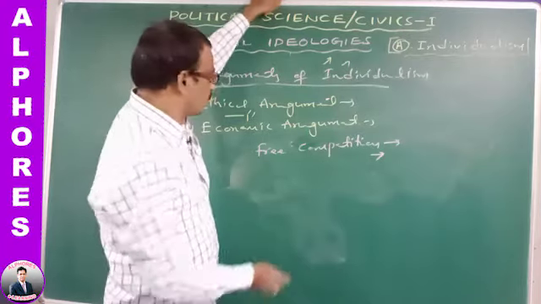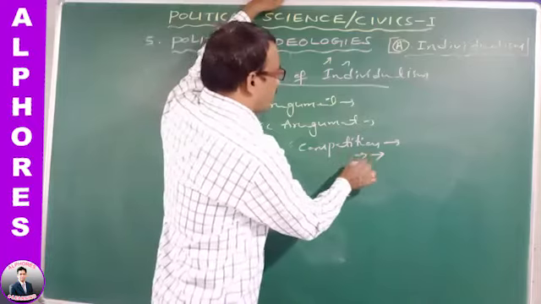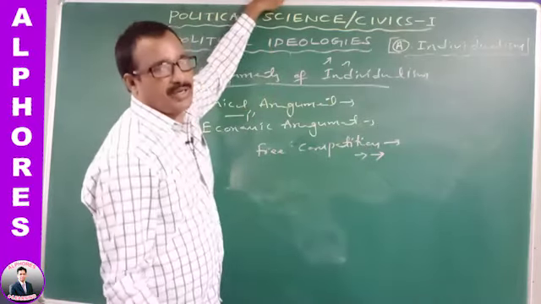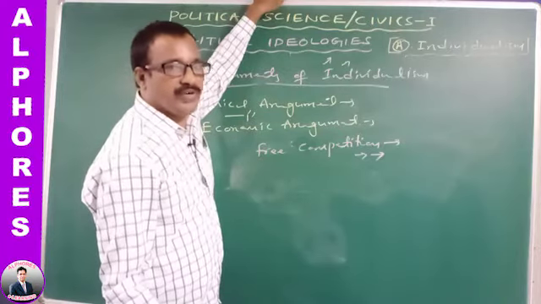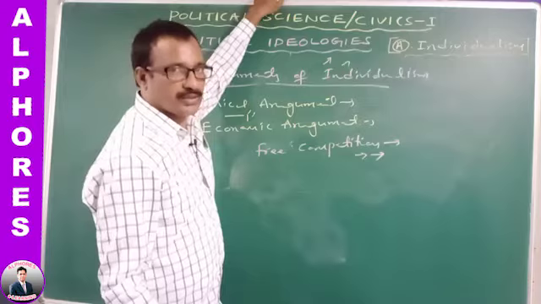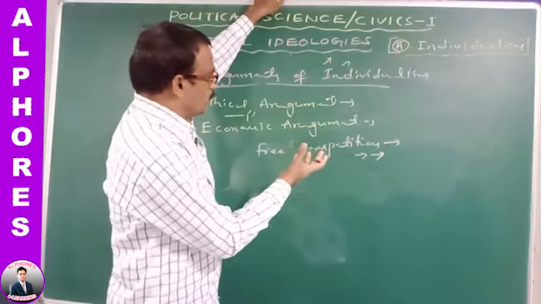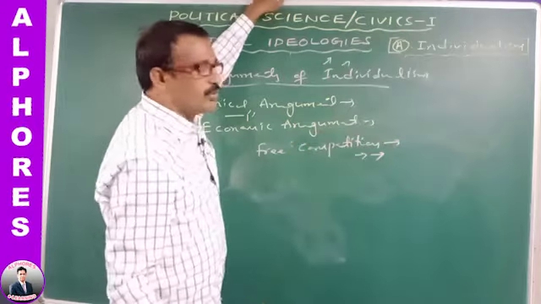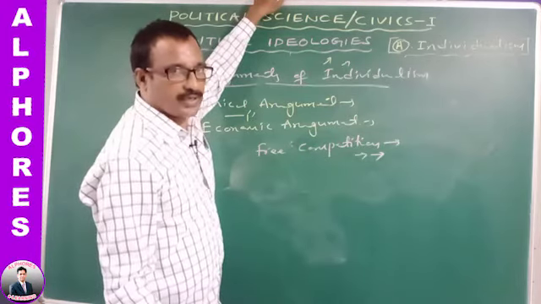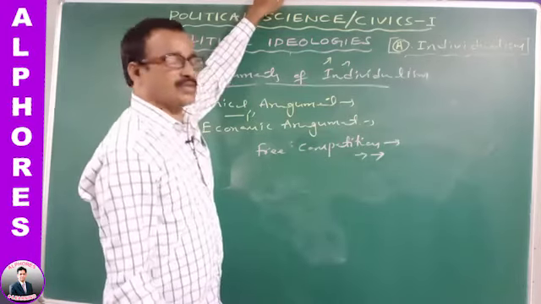With free competition, quality production will be available in the market. The industries will produce quality goods. Second, the goods are available to the individuals at a lower price. Clear?